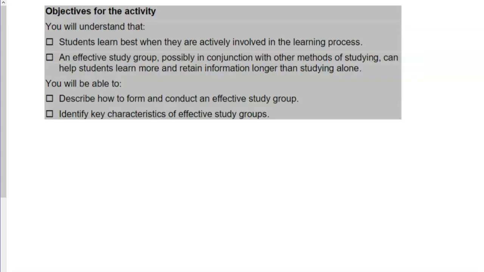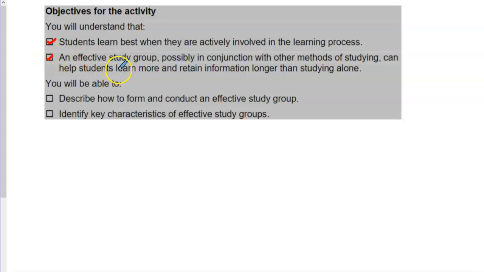The objectives for this activity are that we will try to understand why students learn best when they are actively involved in the learning process.